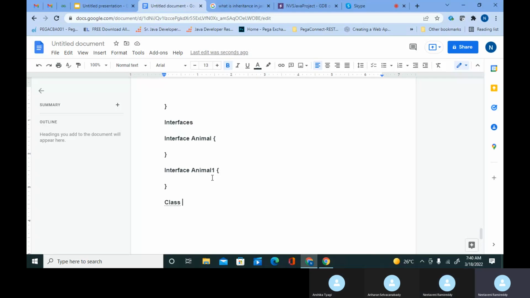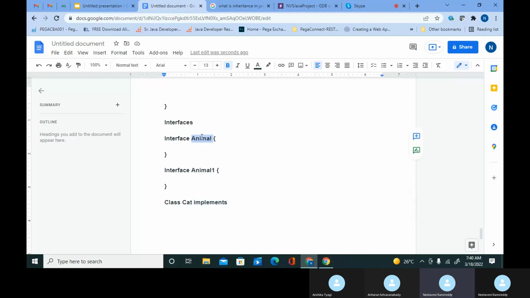No. So in my cat class, I'm going to use the implements keyword. For classes we use the extends keyword, but for interfaces I'm going to use the implements keyword.